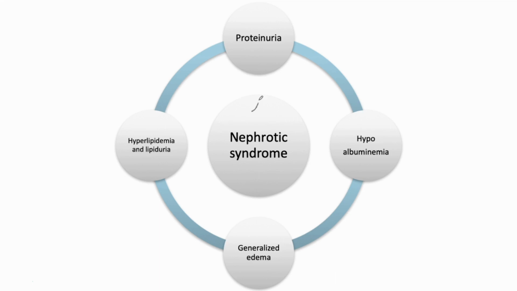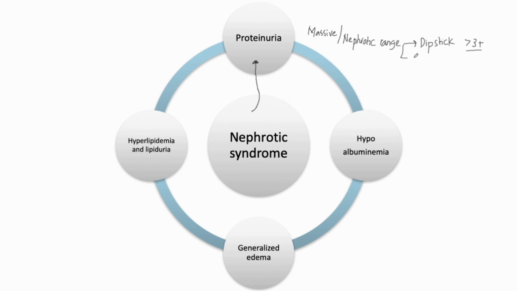So nephrotic syndrome has four important components. It is a clinical complex which includes four important components. When you do urine analysis, you will find massive proteinuria. So we also call it nephrotic range proteinuria. If you are doing a urine dipstick test, you will see more than 3+ result.